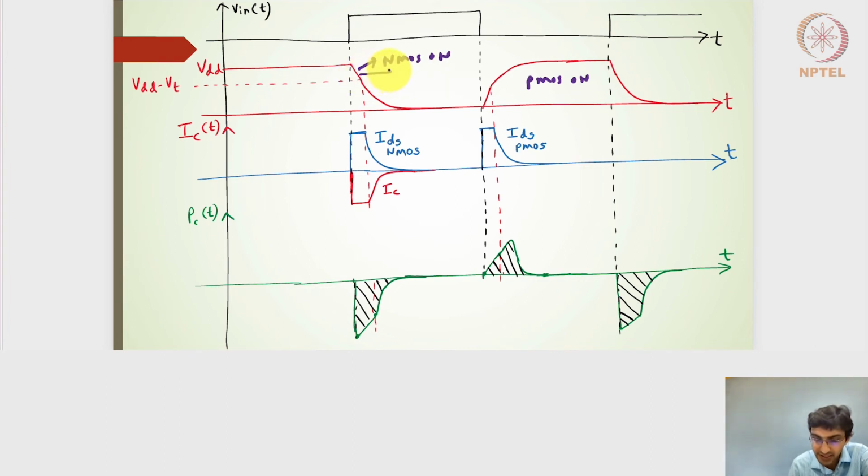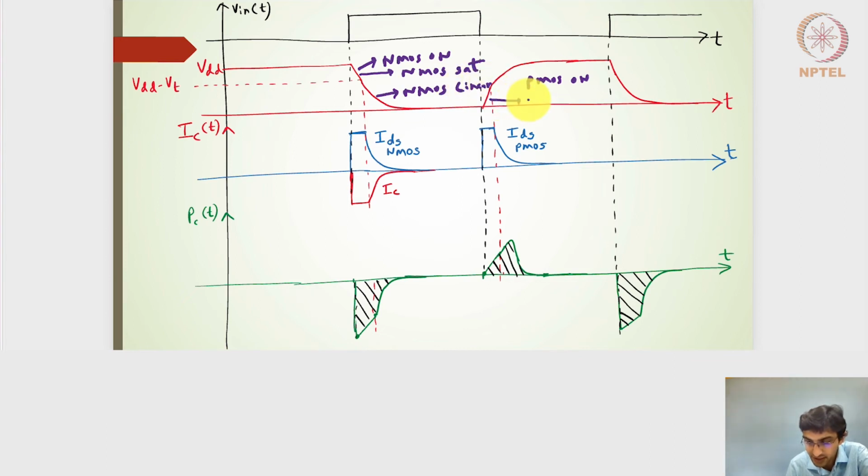This particular region I have drawn as linear because the NMOS is in saturation. I will have a constant current, and therefore the output voltage will be a linearly decreasing profile. So I'm going to say that it is NMOS in saturation. And this one I will say that the NMOS is in linear region or triode region.